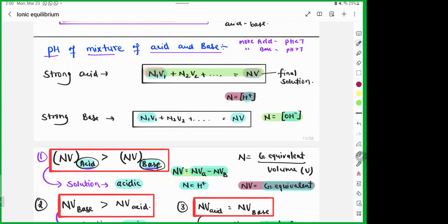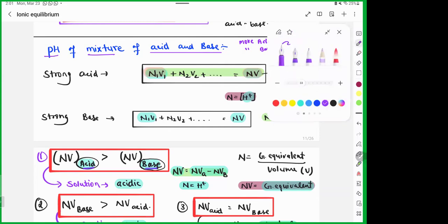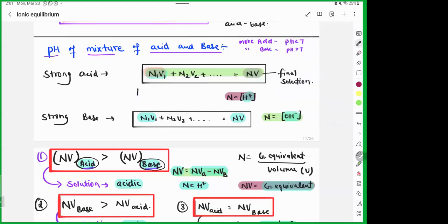Chandana, what is the formula of normality?